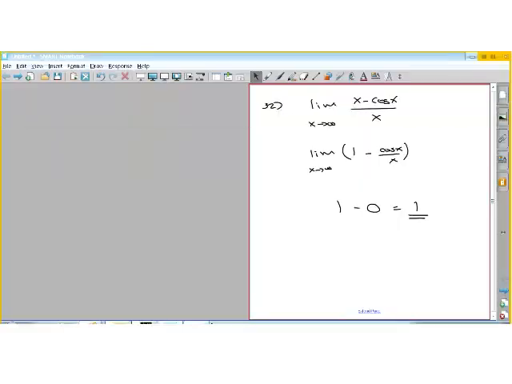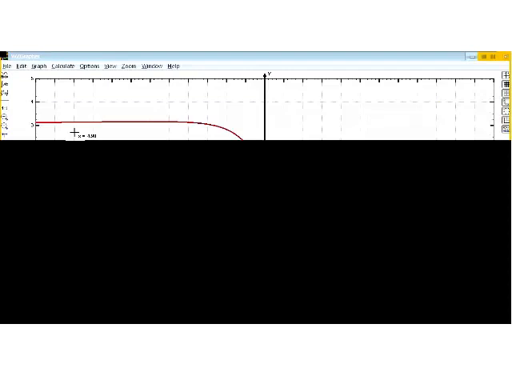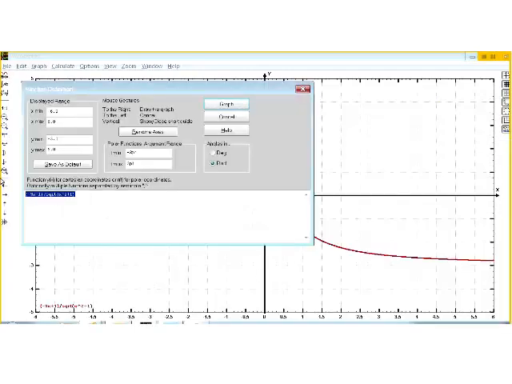Let's go ahead and plot that as well. Push the wrong button again. So the function was x minus the cosine of x divided by x.